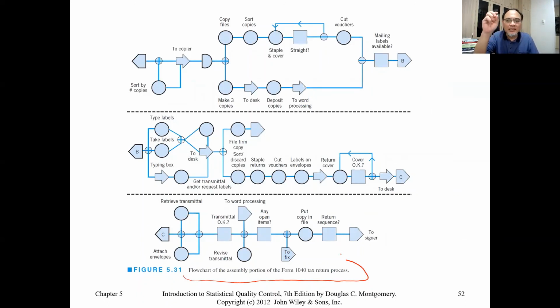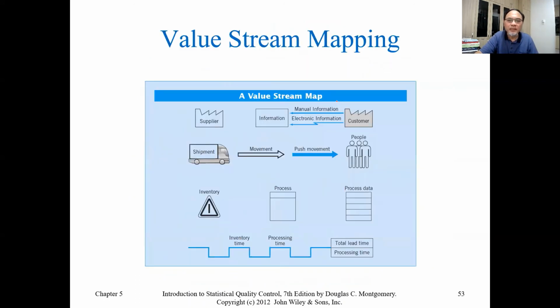You can look at the steps from maybe copy files, cut vouchers, and then mailing this. Attach envelopes to signer. But if you understand the process, you can actually document and think about it and develop the process chart of the assembly portion.